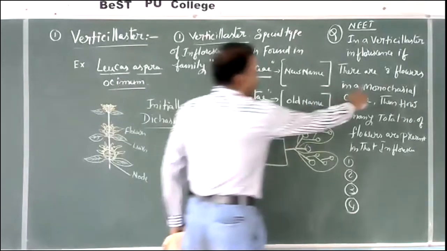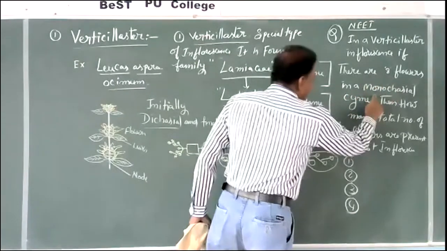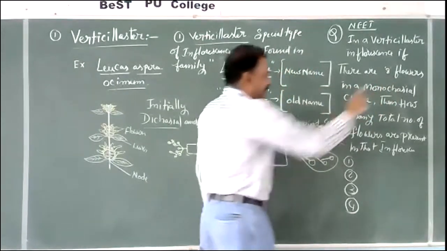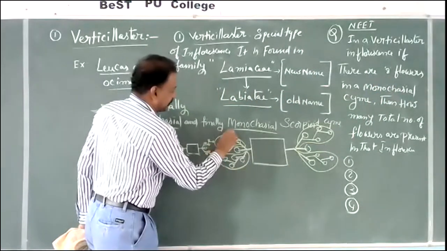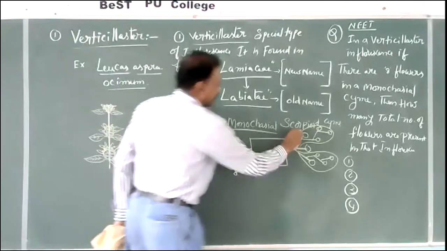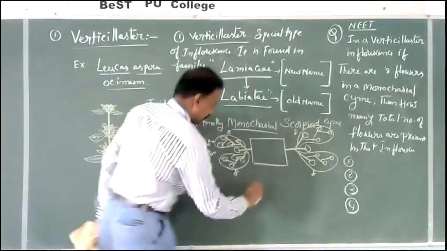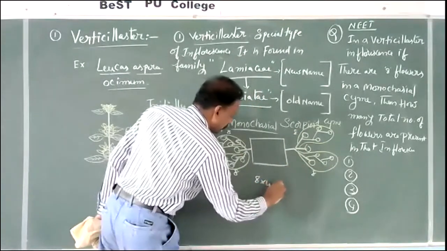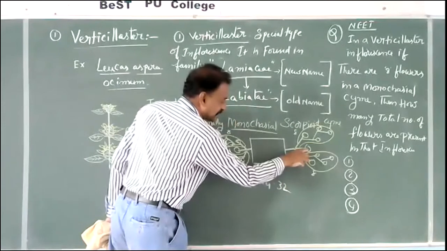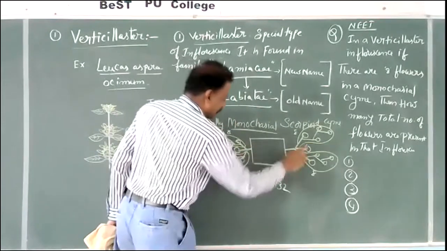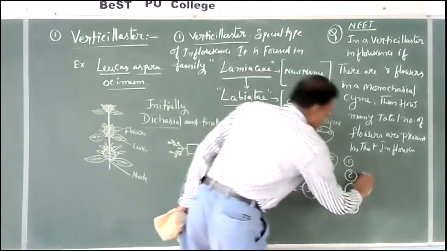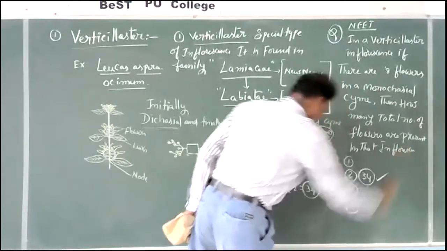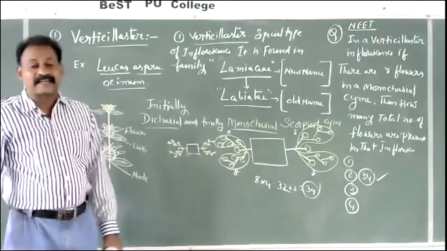Simple. 8 in a, why he will give in one? In a monochasial, 8 are there. 8, 8, 8, 8. 8 into 4, 32 plus 2. So wherever 34 is there, that is the correct option.